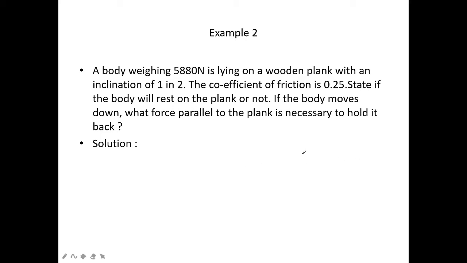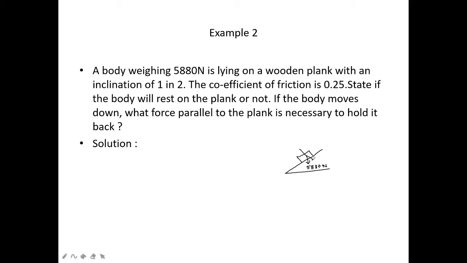The body is again in an inclined plane. The inclination is given to you as 1 in 2. So the body is in an inclined plane, having the weight 5,880 Newton.